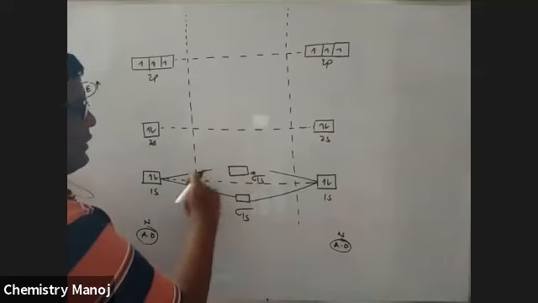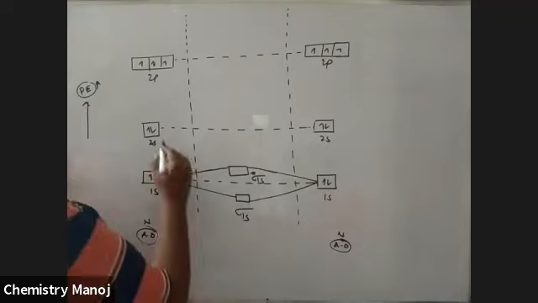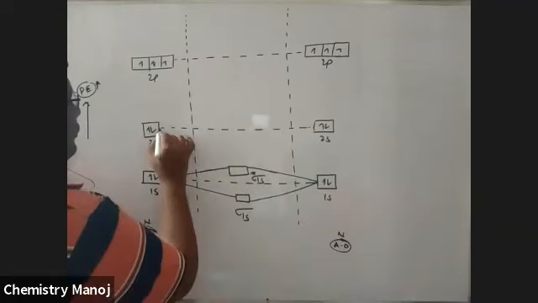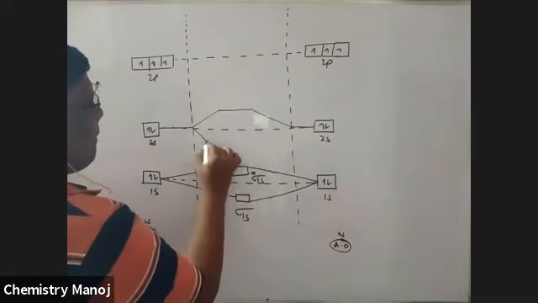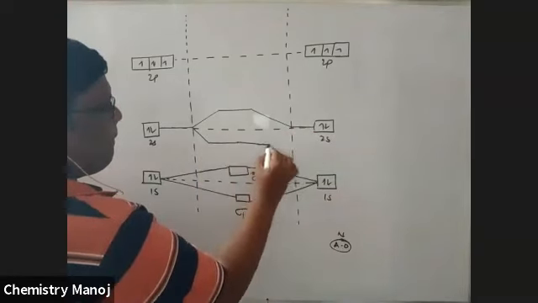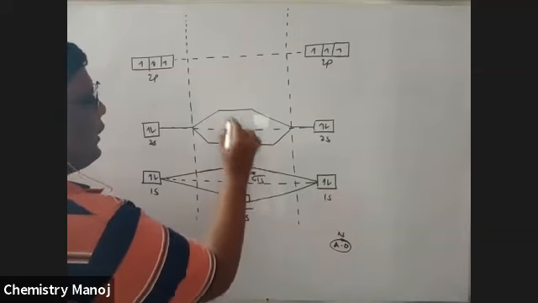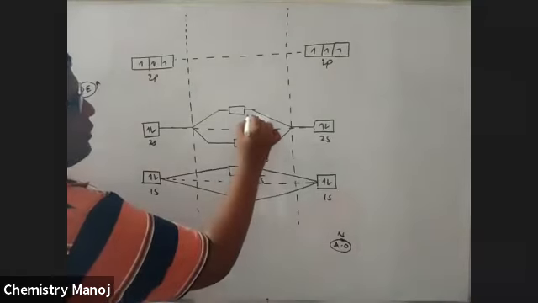Now 2s and 2s combine to produce two orbitals, one below and one above. So it is sigma 2s and sigma star 2s.